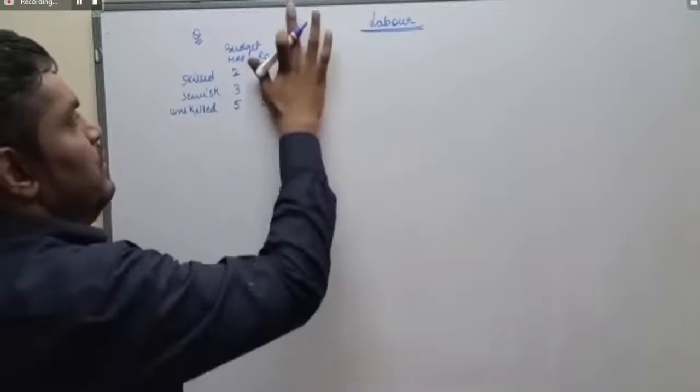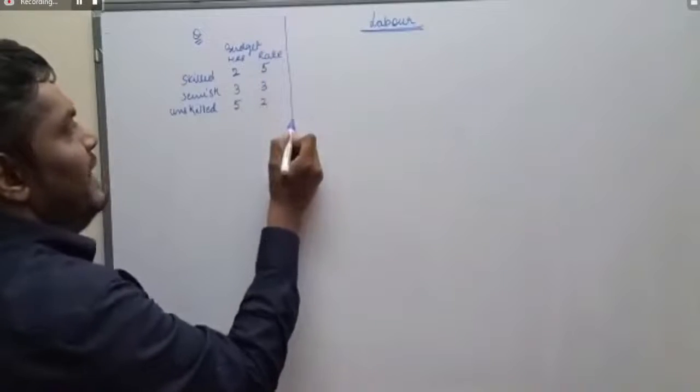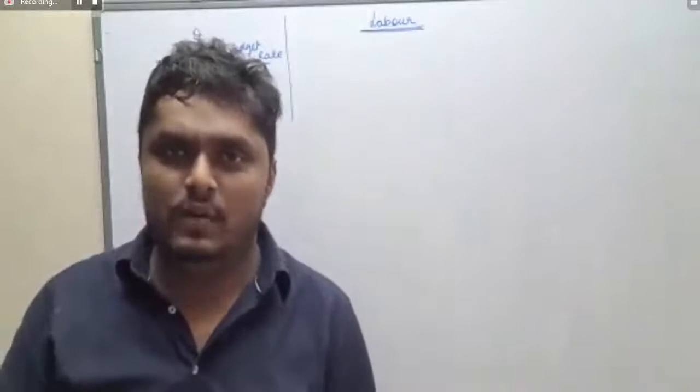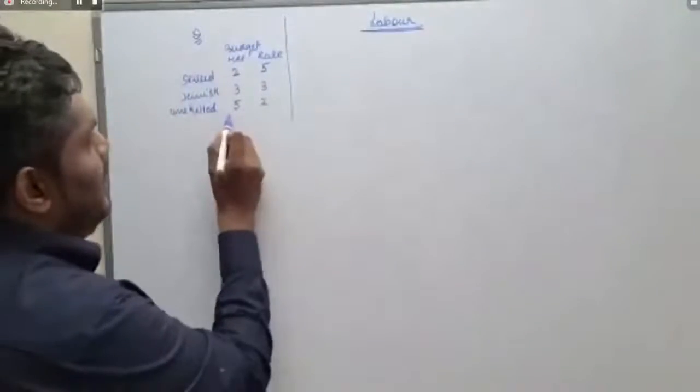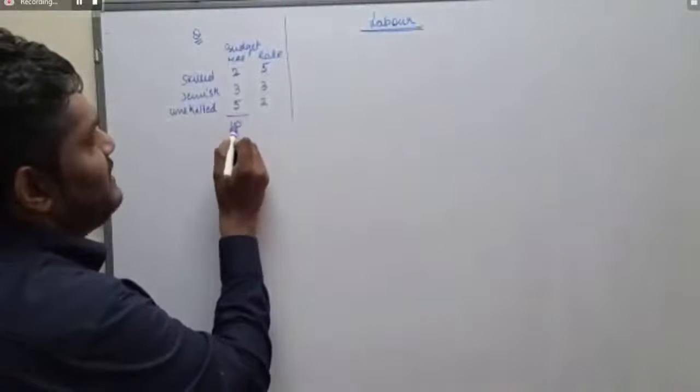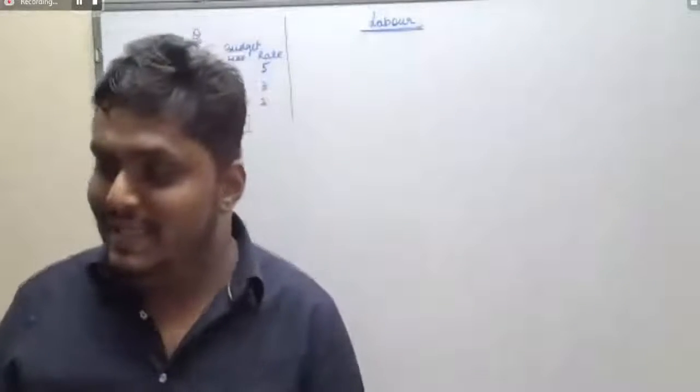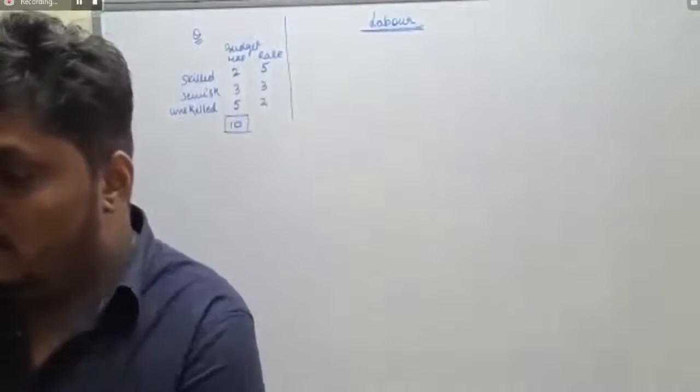These are the rates advised by the management. The total number of hours required for manufacturing 1 unit is how much? 10 hours. So this is the data given in the question.